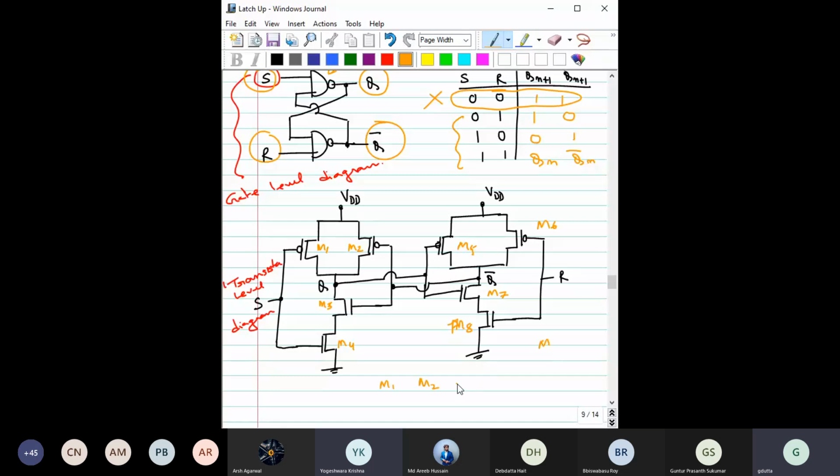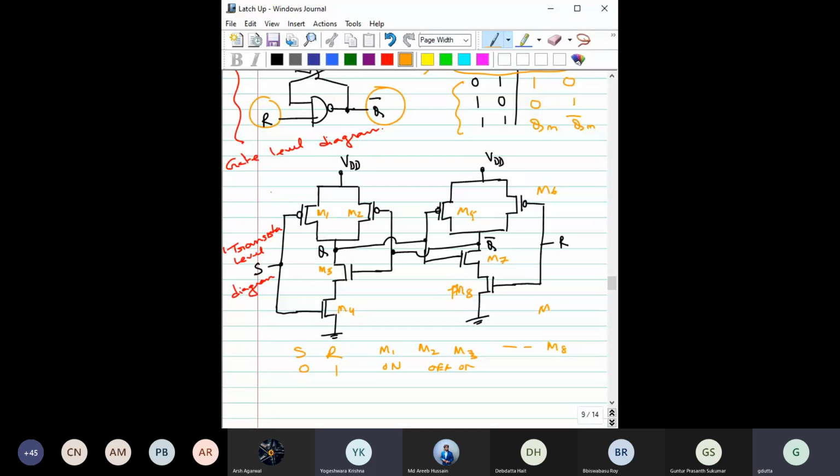Say M1, M2, M3, dot, dot, dot, M8, and say for SR equal to 0, 1, can you write on, off, on, something like that? Can you make a table like that? If you can do it by tick and cross, obviously, why not in a table, right? So this is the tabulation part. Okay. So if you want to tabulate it, like this. Is it clear to you?